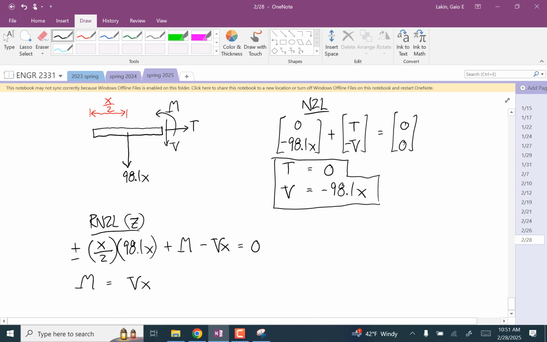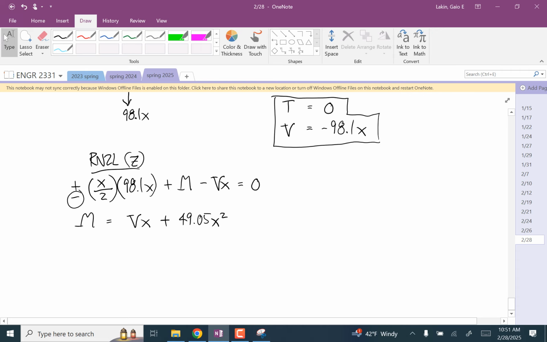Oh, I didn't do the plus or minus. If our about point is over here, this downward force would make it rotate clockwise, so that's negative. Get it over on the other side, and that's positive 49.05x squared. Plug in our V value, do the algebra, and you get M is equal to negative 49.05x squared.